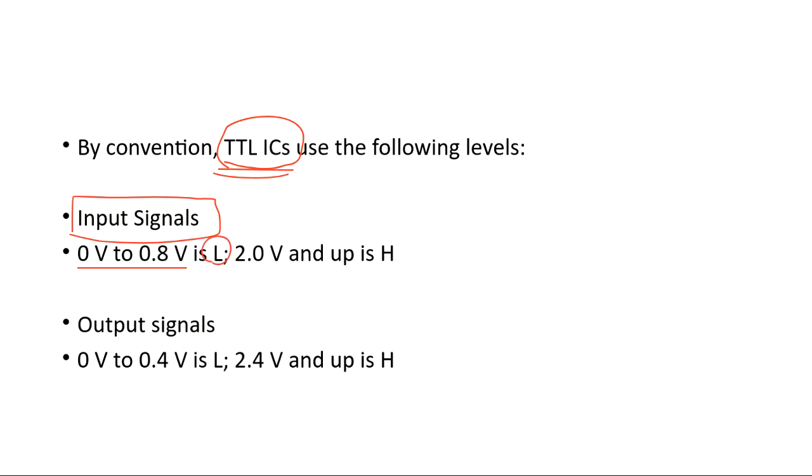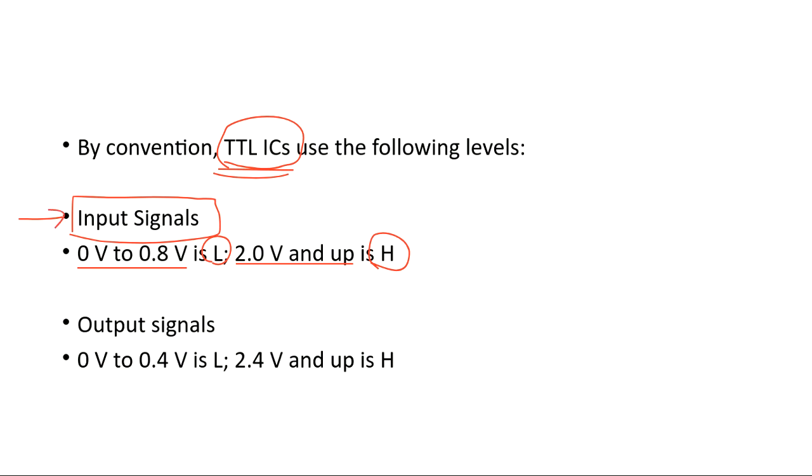So if the voltage is in this range, 0 to 0.8 volt, the logic gate will understand it as 0. Similarly, if the voltage is 2 volts and up, it will be considered as high. High means binary 1.